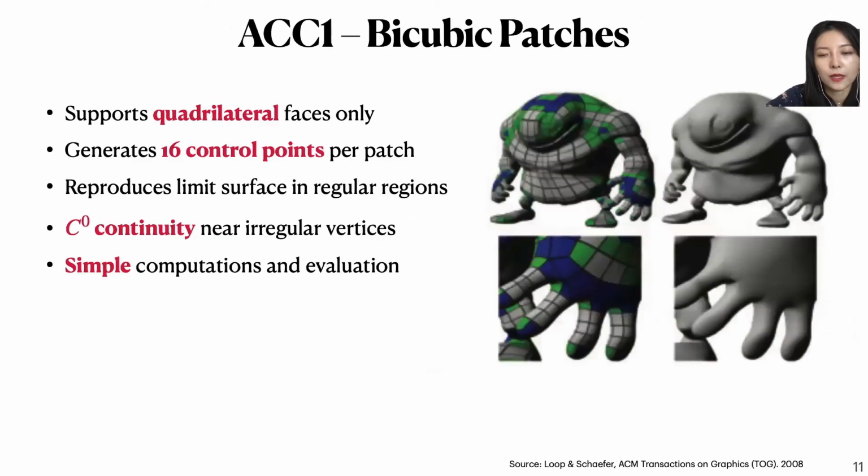And this is an example of an animal rendered using ACC1 bicubic patches. On the left is a Catmull-Clark patch structure. The gray patches contain only valence 4 vertices. Green patches have 1 extraordinary vertex and blue have more than 1 extraordinary vertex. On the right is a geometry patch approximation using ACC1.